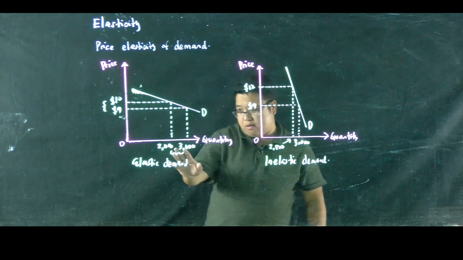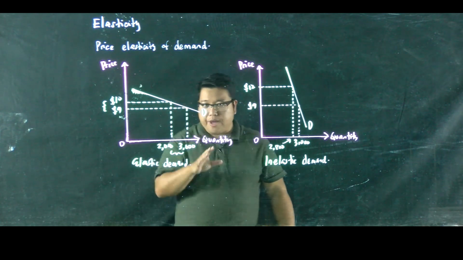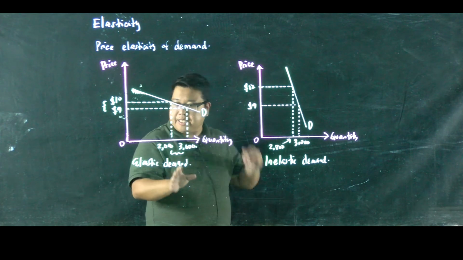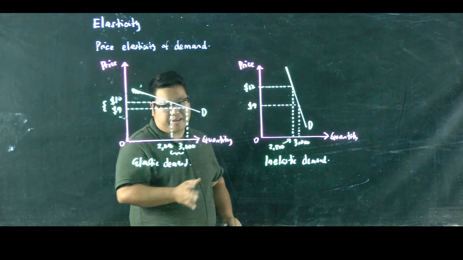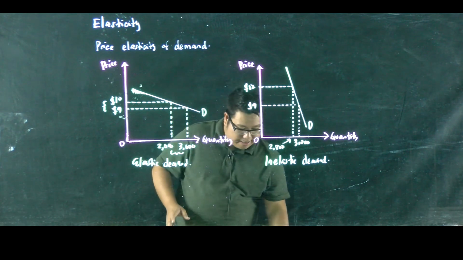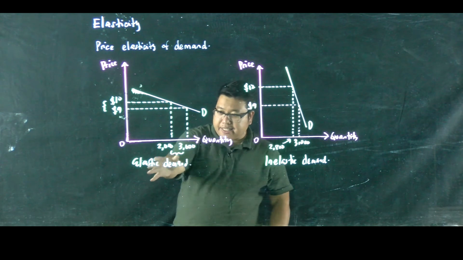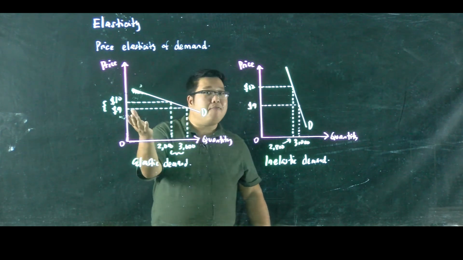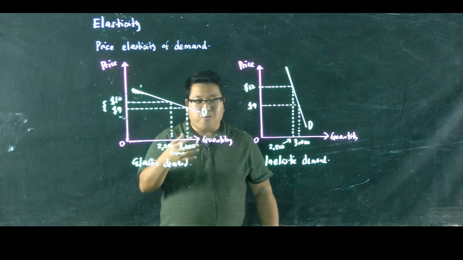So my question for you is: think of goods that exhibit elastic demand and think of goods that exhibit inelastic demand. There are many goods that exhibit elastic demand. To give you an example, I love fried chicken. And my students know this. I go to Popeyes, I go to KFC.